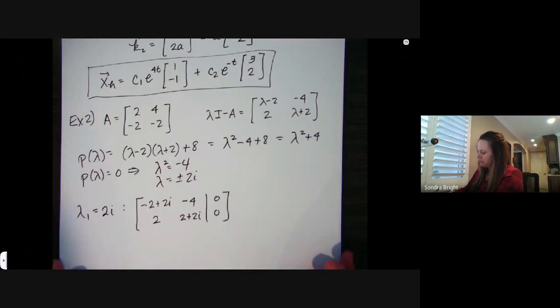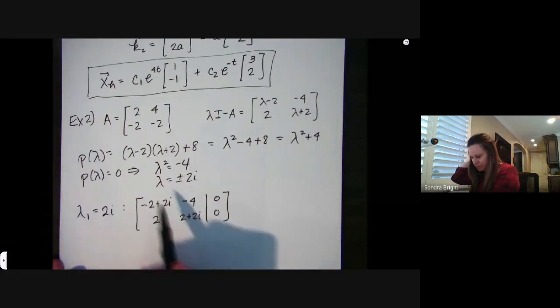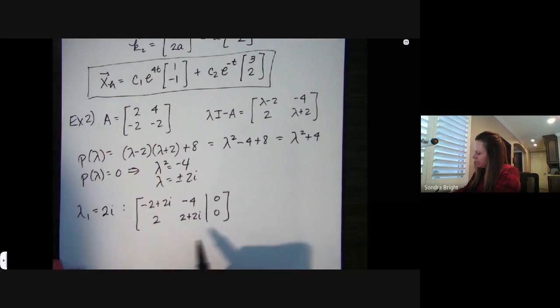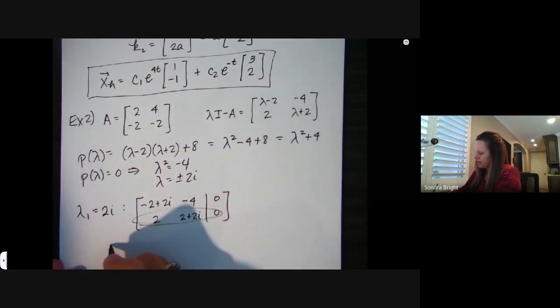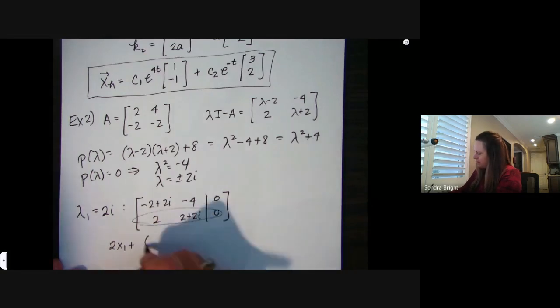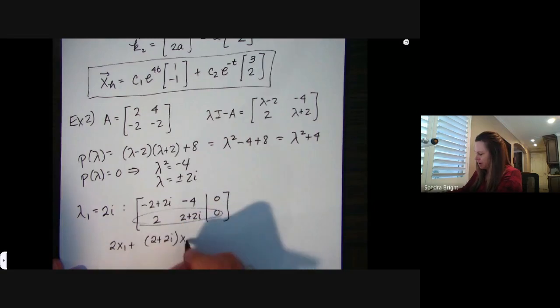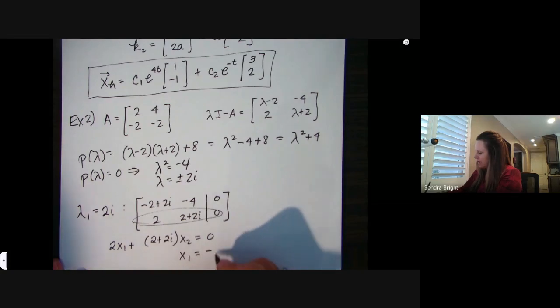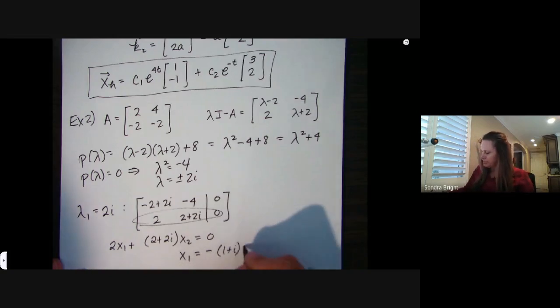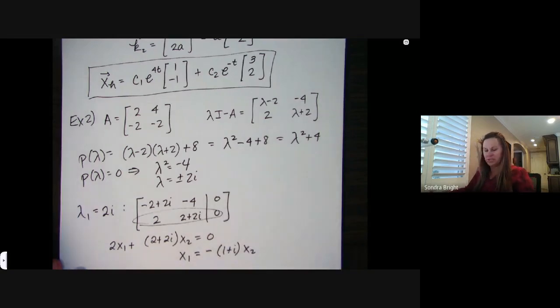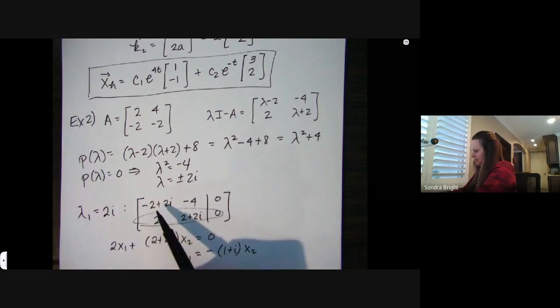Here's what I noticed. I'm going to take this second equation, and what that means is 2x1 plus (2 plus 2i) x2 is equal to 0, which means x1 is going to equal negative 1 plus i times x2.